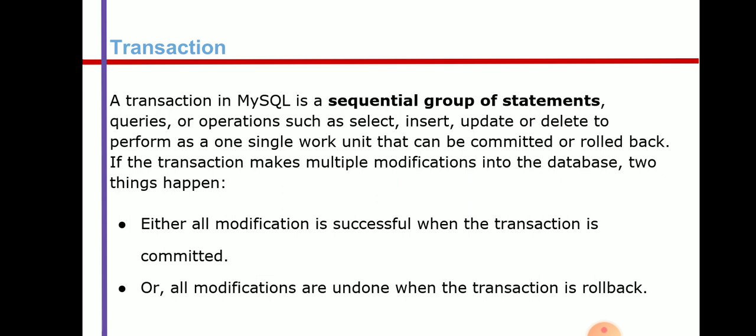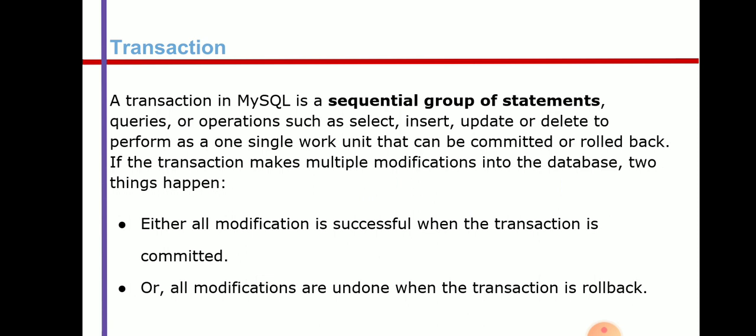Then it will deduct that amount from the user's bank account and update it, and after that it will deposit the amount in the second user's bank account and then update that account. Now there are a total of three processes, and if any one of them fails, then the whole transaction will be aborted. And this is what transaction properties do.